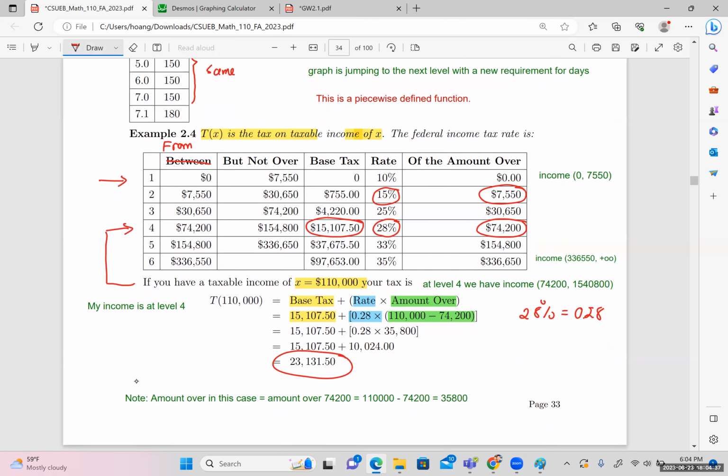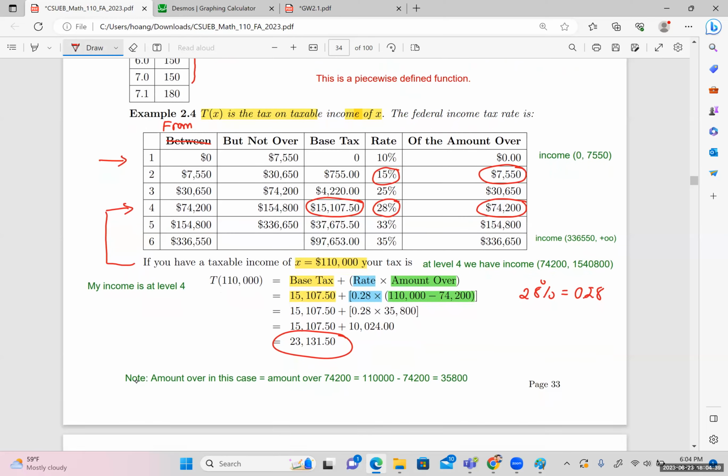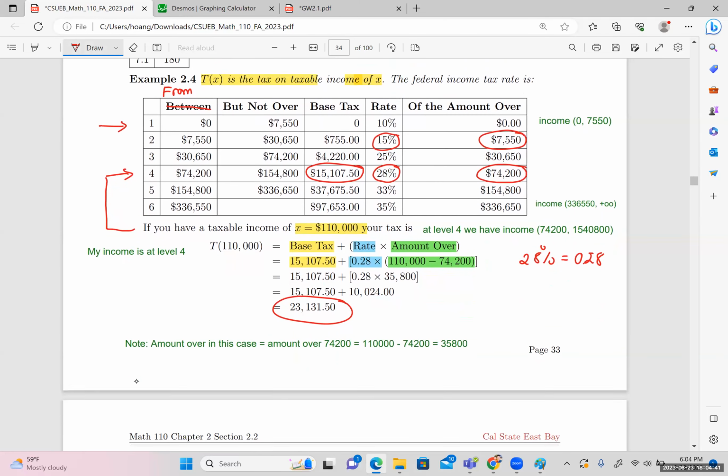So that's going to be the tax on my taxable income.